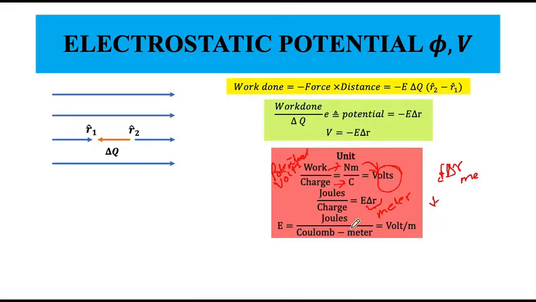So the unit of E might turn out to be joules per coulomb meter. However, we have also seen that potential itself is nothing but work done per charge. So the unit of electric field will now be written as joules per coulomb meter.